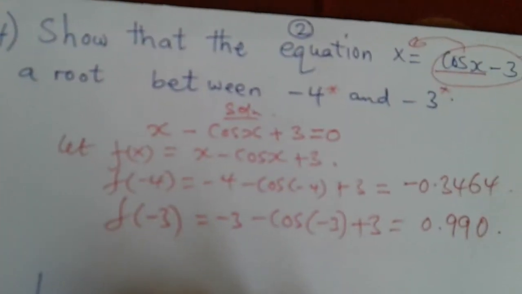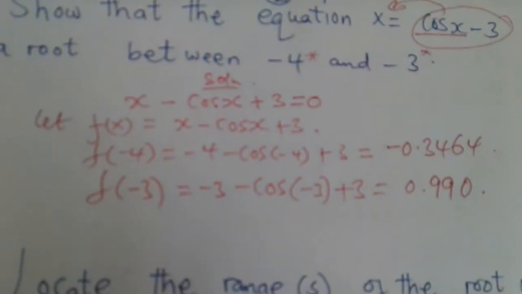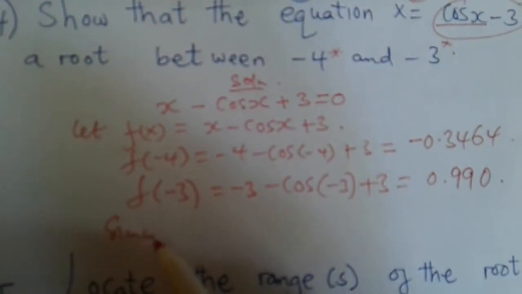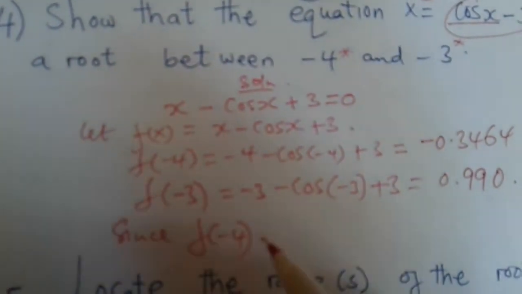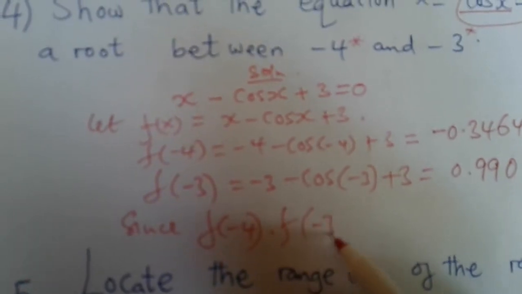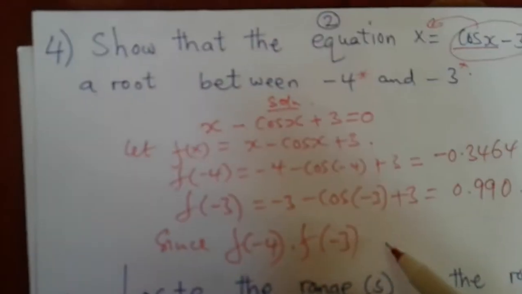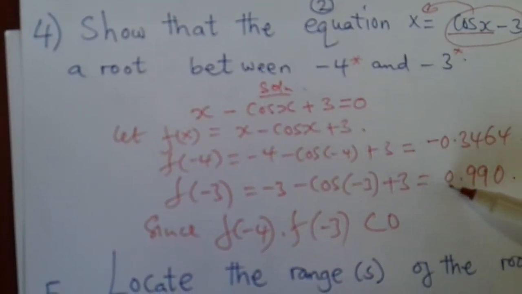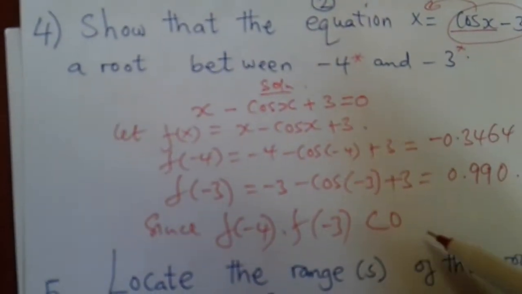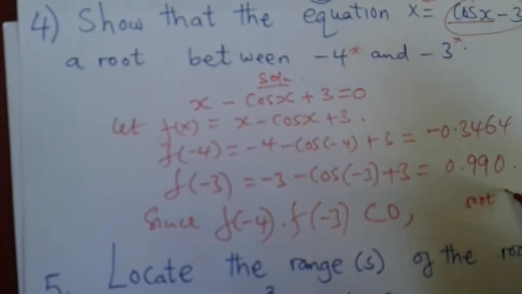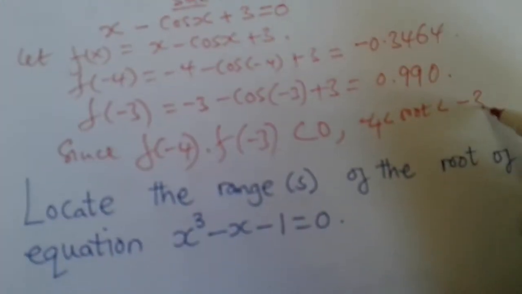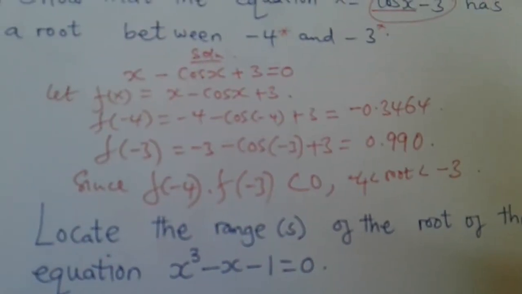If it is not in radian mode, you will get an output, but it is wrong. And therefore conclude and say that since f of negative 4 times f of negative 3 is less than 0, because f of negative 4 is negative and f of negative 3 is positive, then it means that the root lies between negative 4 and negative 3.